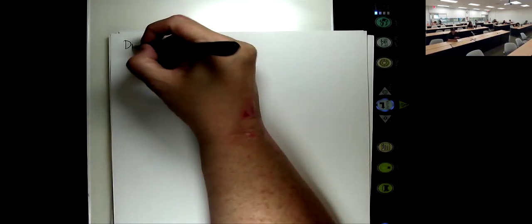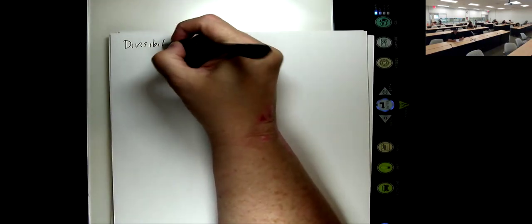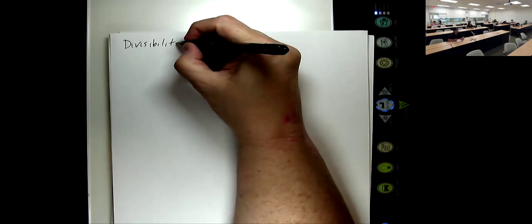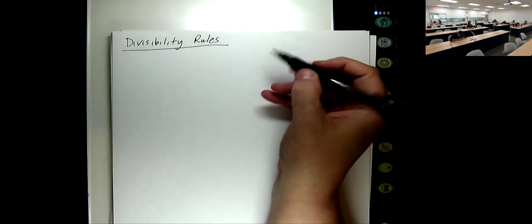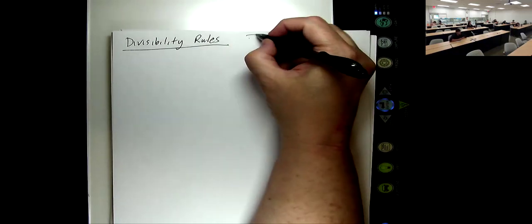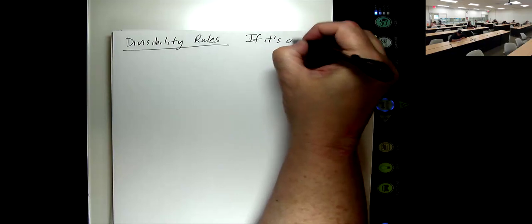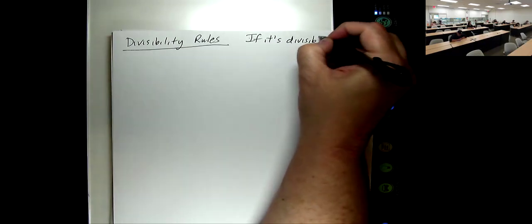So divisibility rules. This is going to apply to everything I'm going to say.